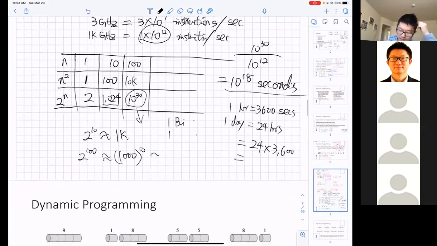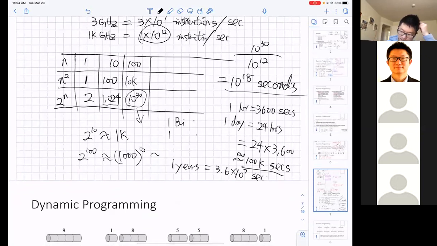Each day is roughly around 100,000 seconds. Each year, if we multiply this number by 365, is like the number of seconds that we have in a year. It's like 3.6 times 10 to the power of 7 seconds. So this is roughly the number of seconds in 1 year.